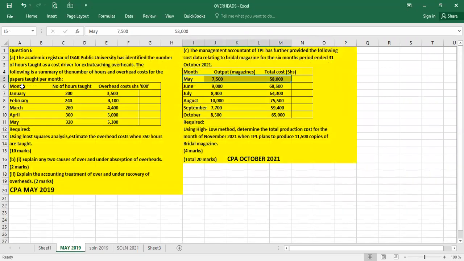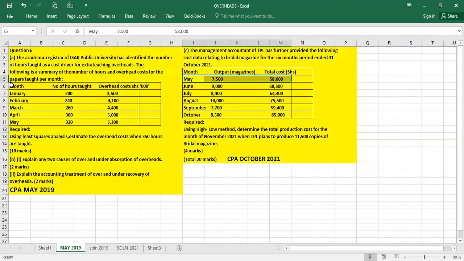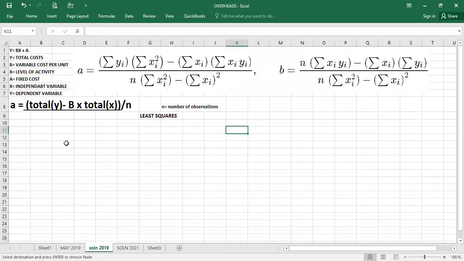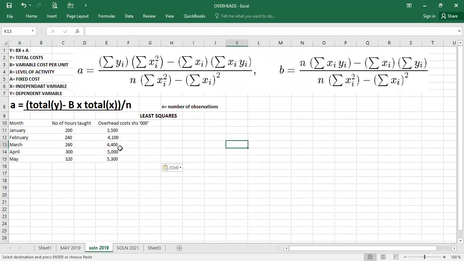We just want the number of hours and the overheads we spent. Said in January, I'll try to copy these ones. These are the data values.